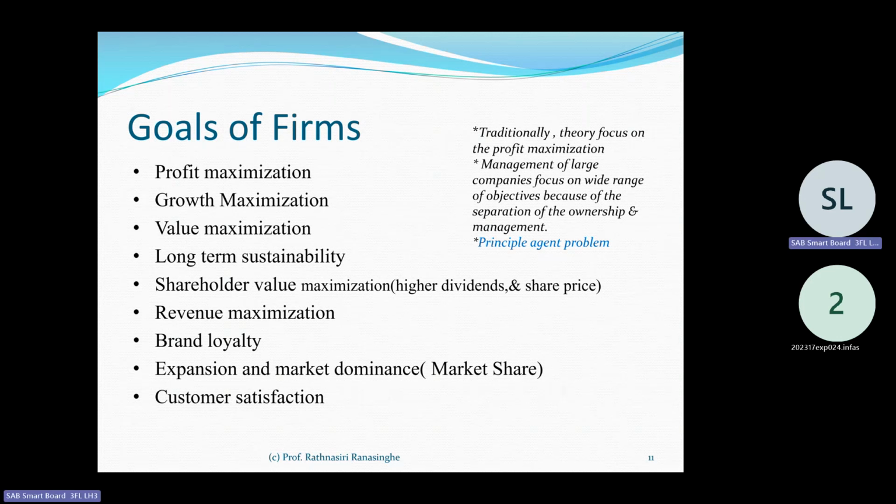That may depend either on the profit or on the value of the capital, the capital gain. And sustainability. As a business organization, we have to think about long-term sustainability, not short-term profit. Long-term sustainability.